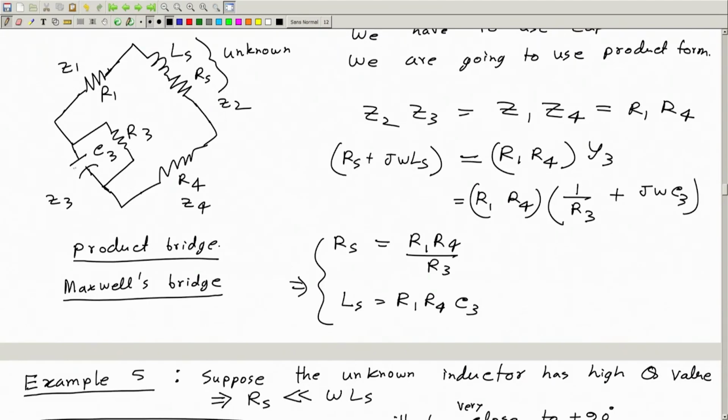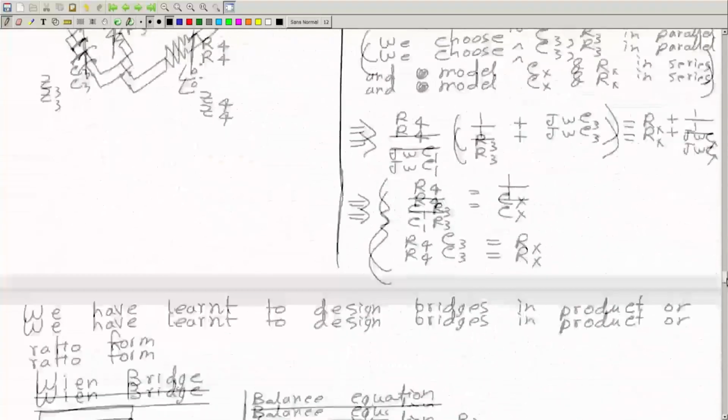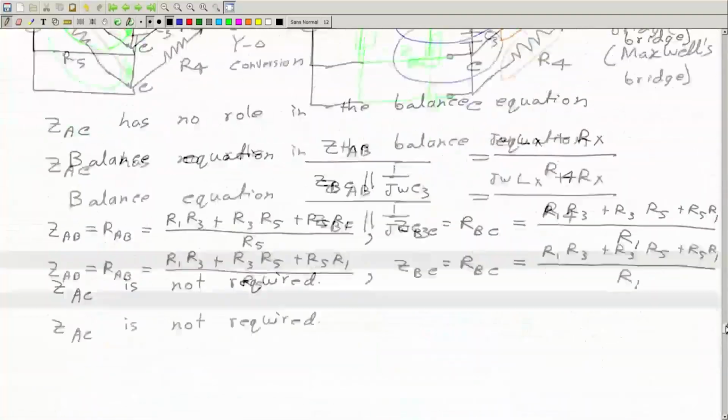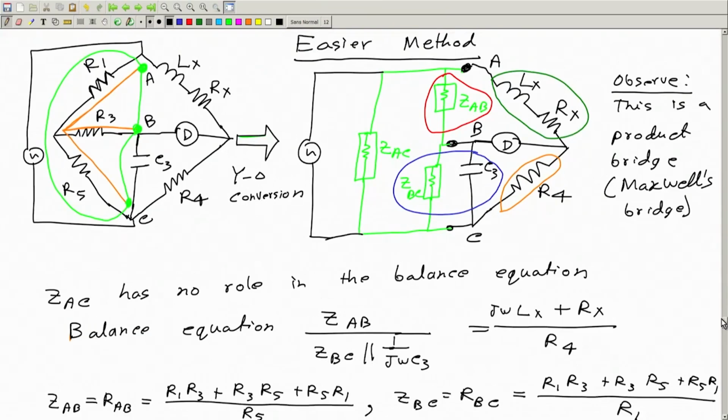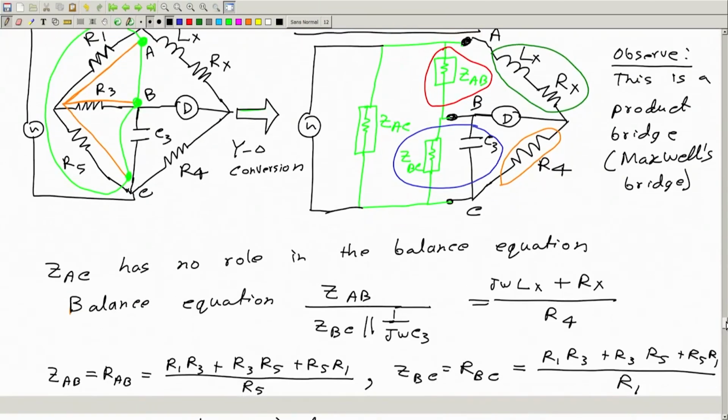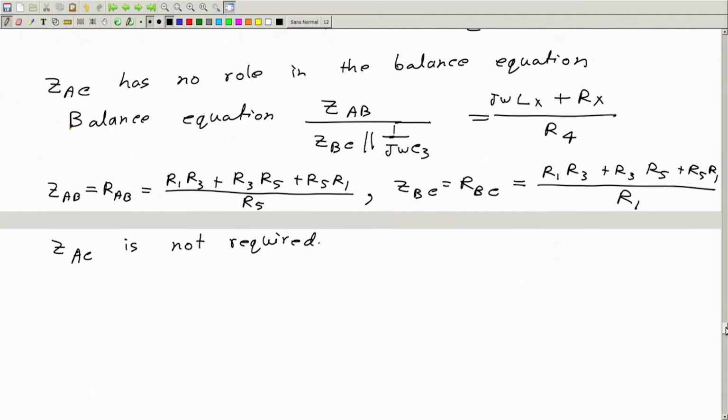L is in series, C is in parallel, R, R. Same thing here. L R, R C, R R. So we can actually do it much more quickly by recognizing this fact.